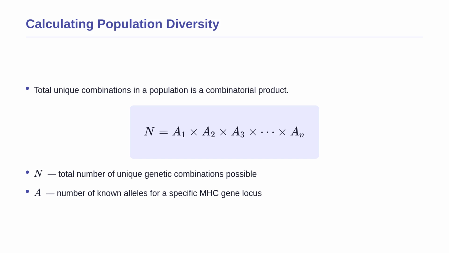Here, N represents the total number of unique genetic combinations. The variables A1, A2, and A3 represent the number of known alleles for each specific MHC gene locus. If the number of alleles for any single gene increases, the total combinations increase exponentially.